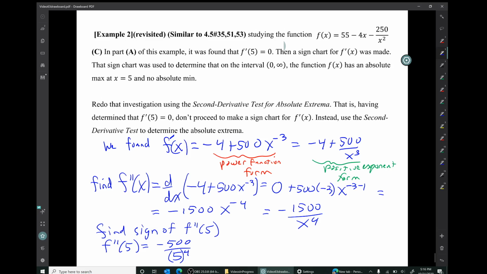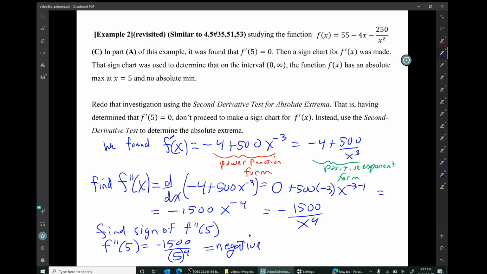Well, wait a minute. All we care about is the sign. This should be negative 1500. We have negative 1500 over 5 to the fourth. So in other words, negative 1500 over something positive. So the result is going to be negative.